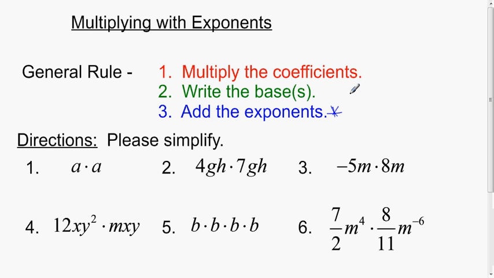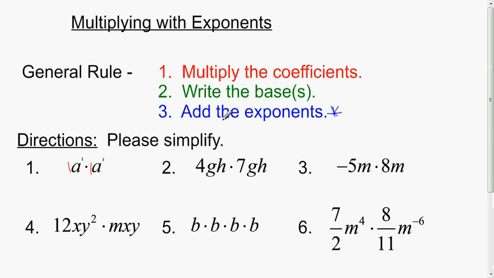The most basic of these, where it says directions please simplify, is number 1. It just says a times a, and what we want to see there is that the coefficients, if you don't notice right off, are both 1, and the exponents are both 1.